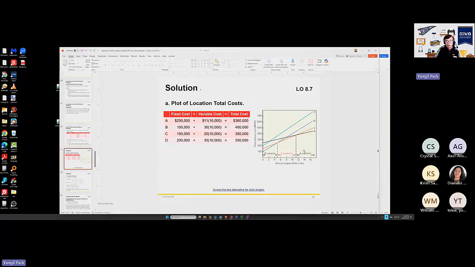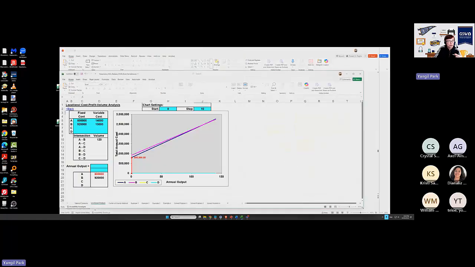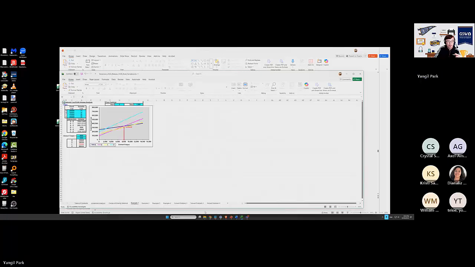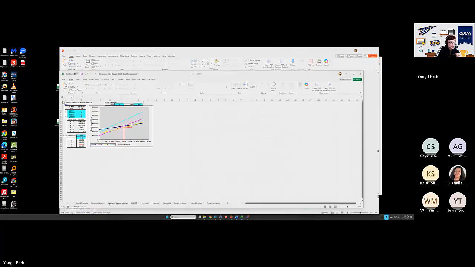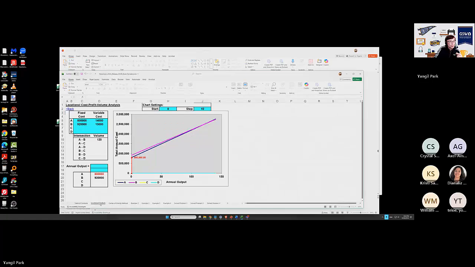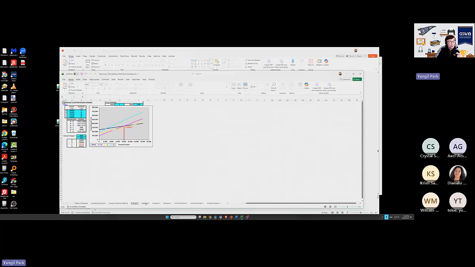And to produce this chart, we can use the template from the publishers. So let me see, is this the same thing? I don't think so. This is example 2.